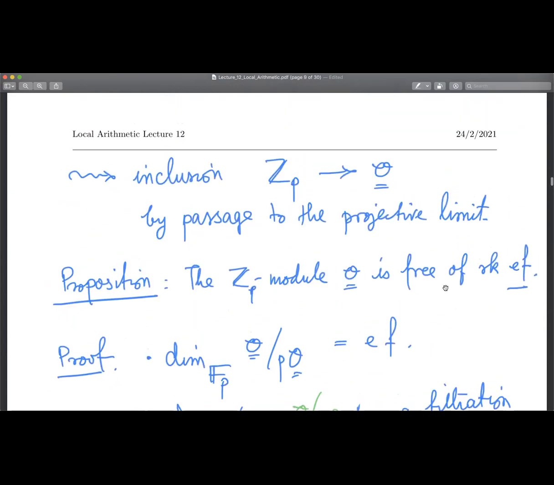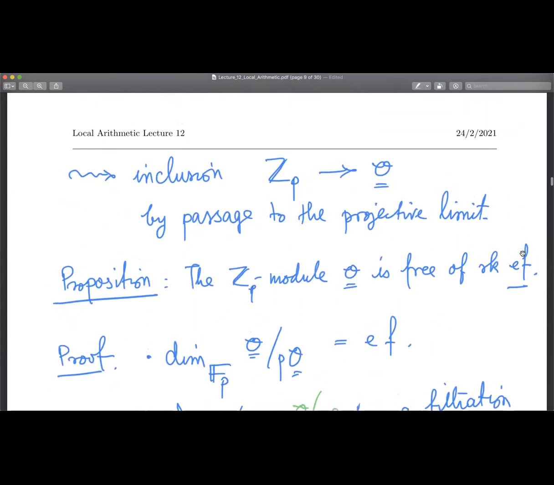So that was the e. And what was this f? f is, of course, the degree of little k over F_p. That's how f was defined.